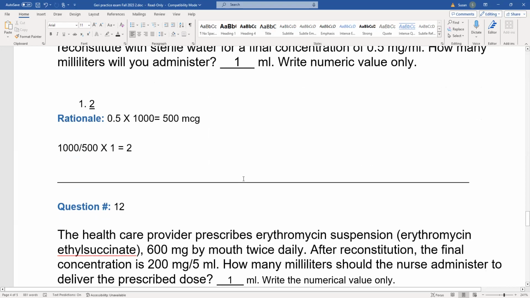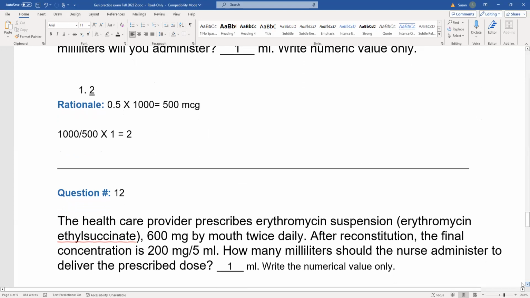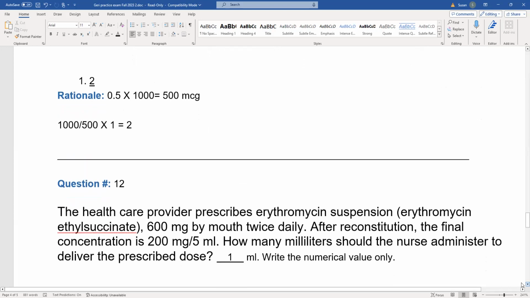Here's another one. Reconstitution. What'd you get? 15.